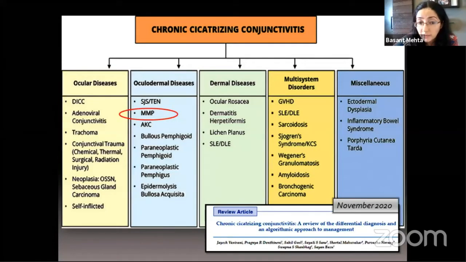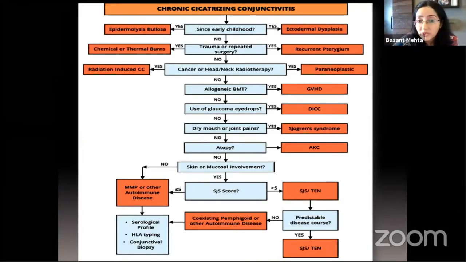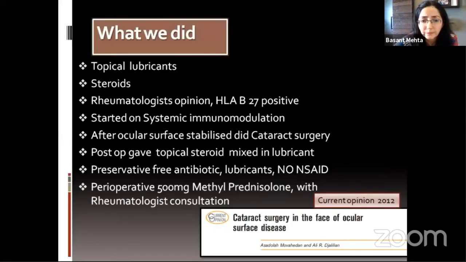Even when I went through this table, my patient just sort of fitted into the mucous membrane pemphigoid diagnosis and maybe a mucositis. And here, going through this flow chart, looking at the patient's symptoms, signs, and history, they have differentiated the different causes of cicatrizing conjunctivitis.